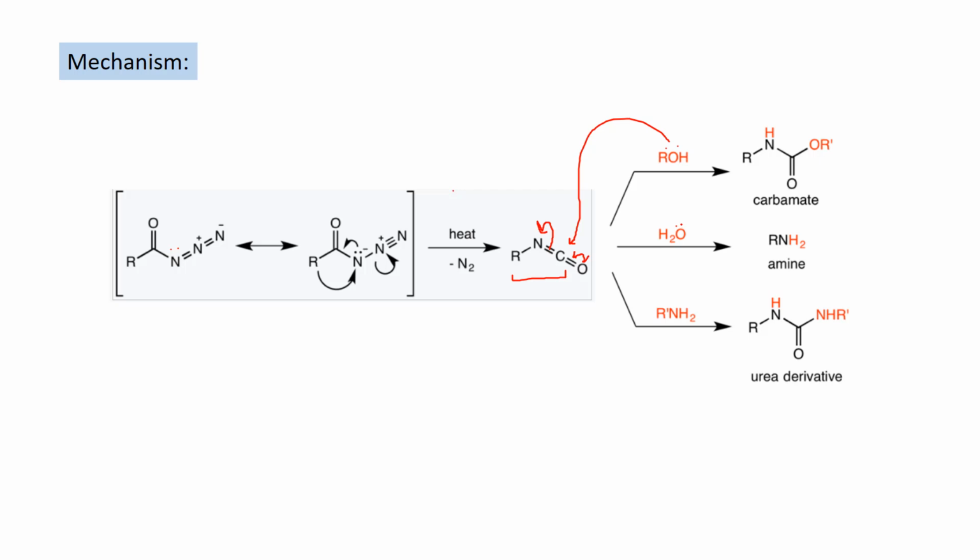If you add water, in a similar way it will form this. After that, through decarboxylation it will form amine. If you add an amine in a similar way, it will give a urea derivative.